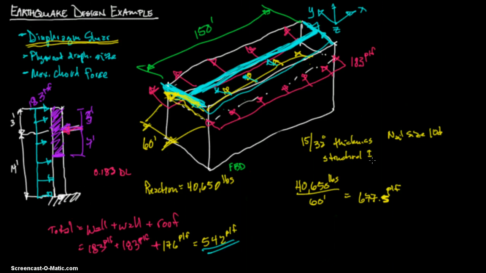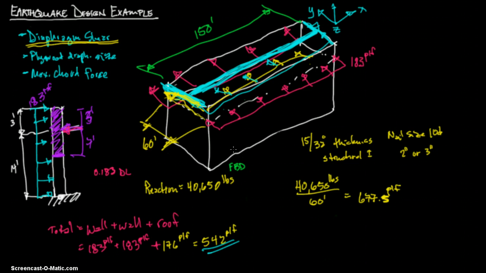If you go straight up, you can see it says nail spacing inches at diaphragm boundaries, all cases at continuous panel edges parallel to load, and at all panel edges. And it says that spacing is 2 inches, and then it says nail spacing at other panel edges is 3 inches. So I'll just put 2 inches or 3 inches. Just to simplify it here.